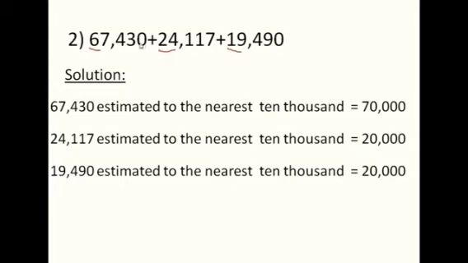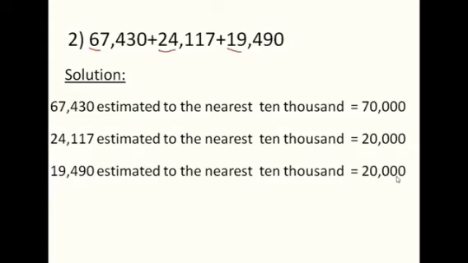So all three numbers have been estimated to the nearest highest place, that is 10,000. The first one has been estimated as 70,000, the second number as 20,000, and the last number as 20,000.